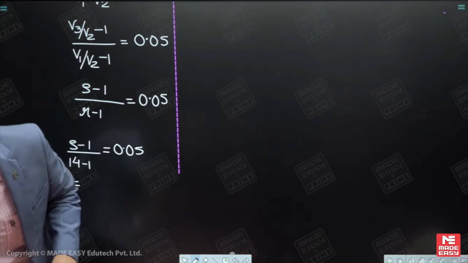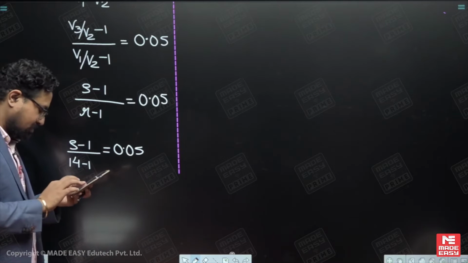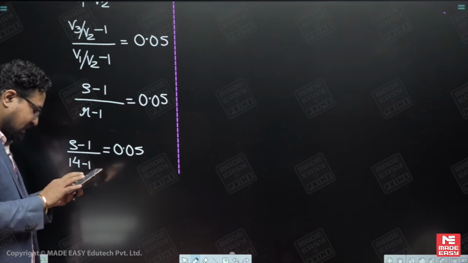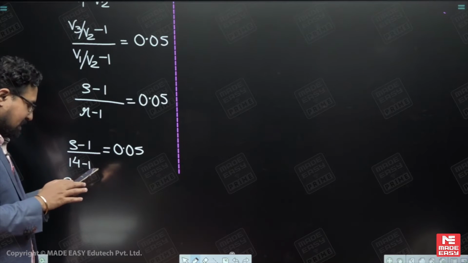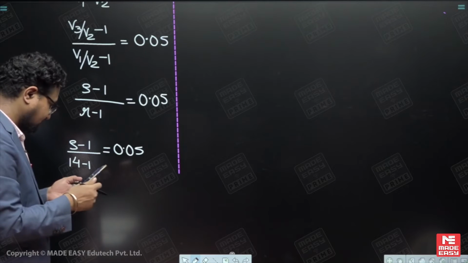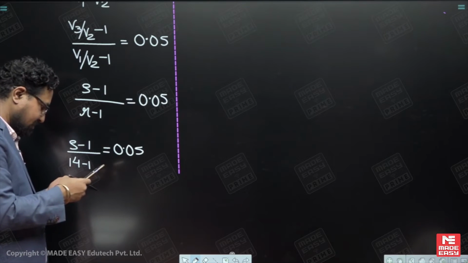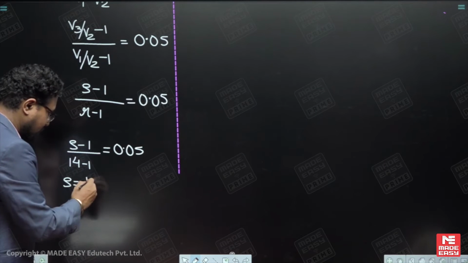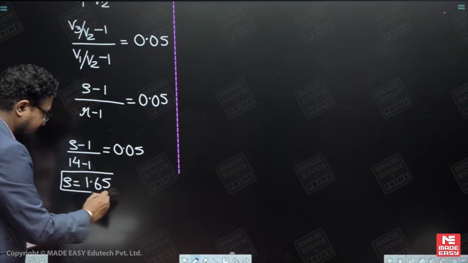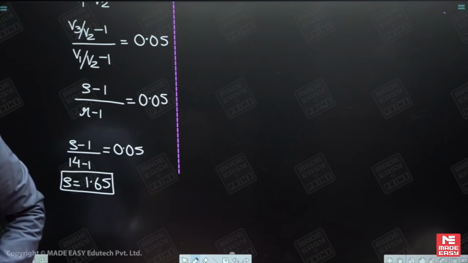This is 0.05 into (14 - 1), plus 1, so 0.05 into 13 plus 1. So we are getting rho equal to 1.65. This is the initial cutoff ratio.